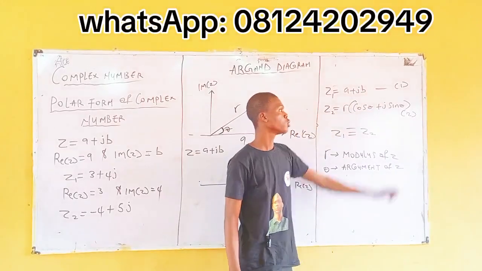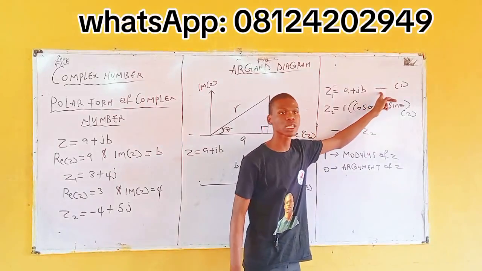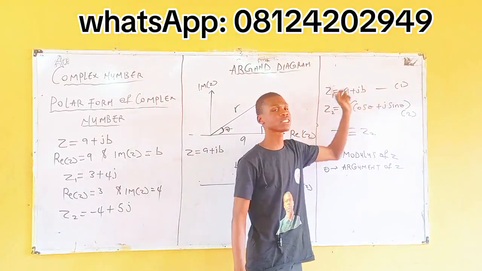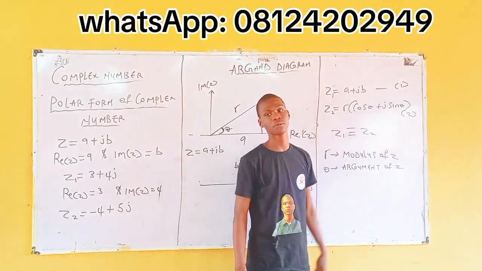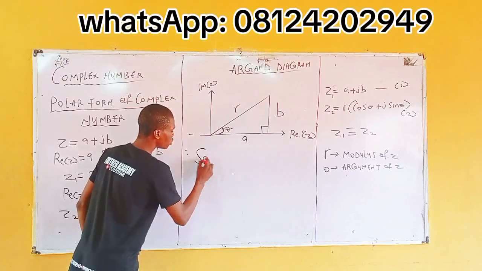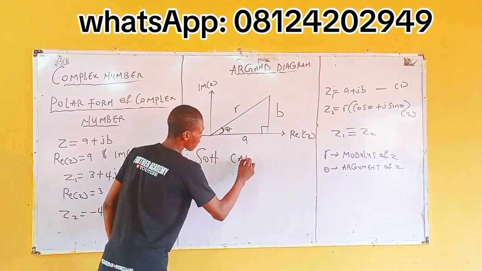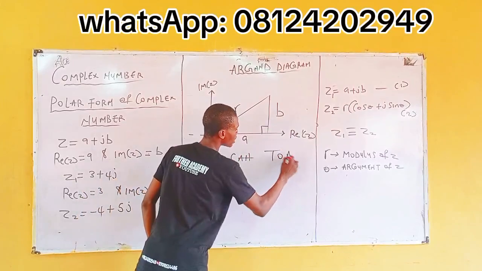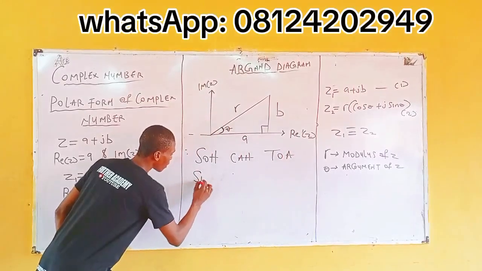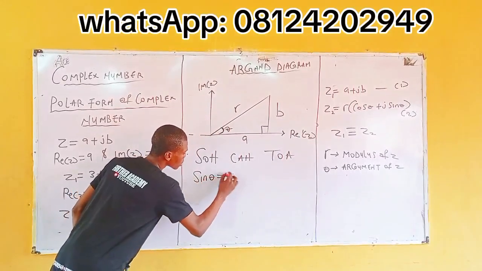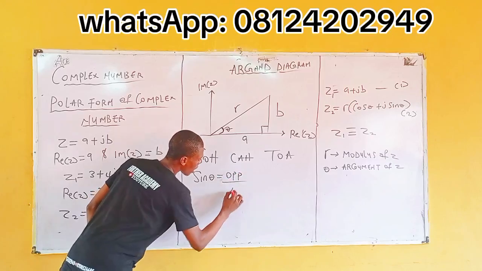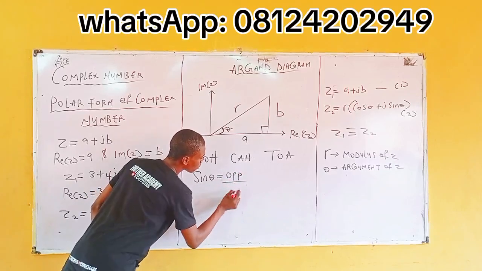We want to see how the Cartesian form changes to this polar form. From here, you are using SOHCAHTOA. By SOHCAHTOA, sin theta is equal to what? Opposite over hypotenuse.